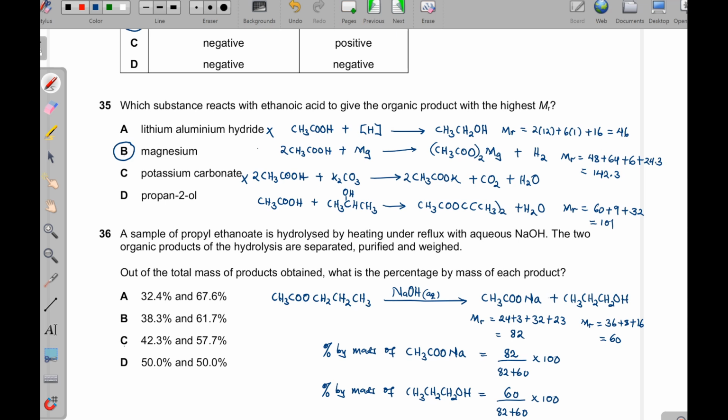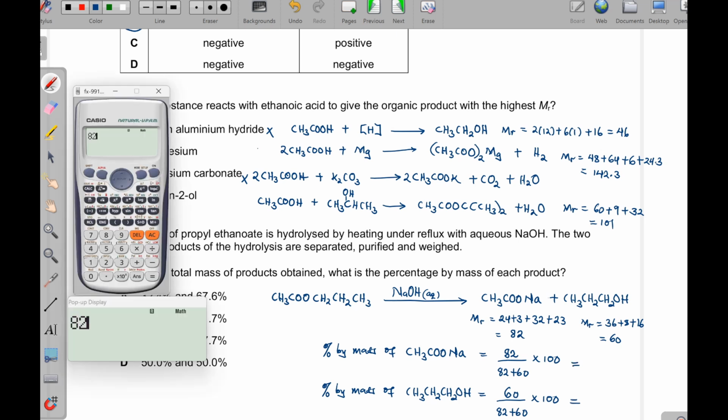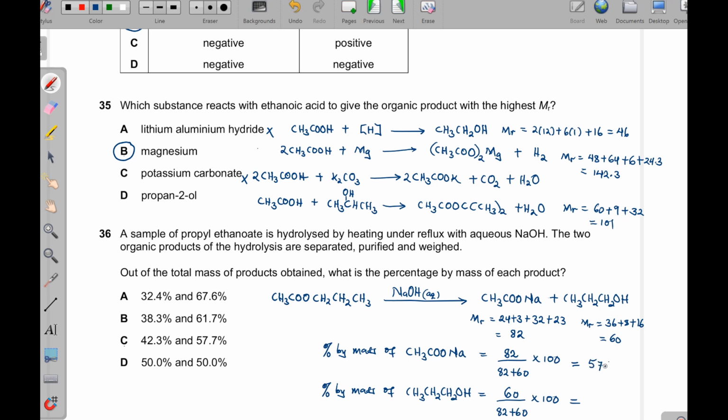So what do we get here as our answer, and also here? 82 out of 82 plus 60, then times 100. The answer is 57.7%. Then this one has to be 42.3%. So that means our answer is what?